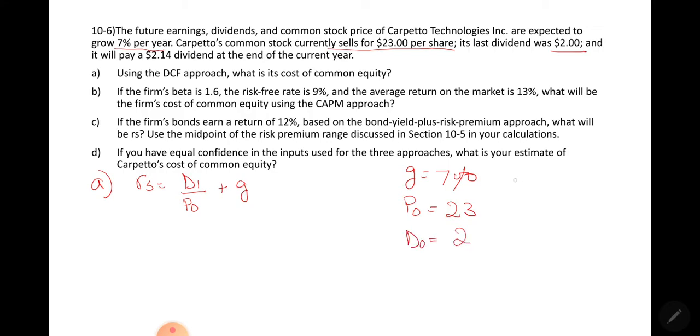The last dividend paid, so let's make a timeline. They're telling you that the last dividend paid was 2. It's already paid, and it will pay a 2.14 dividend at the end of the current year. So this is your current year, and at the end of the current year, they will pay a dividend of 2.14. So this will be your D1.